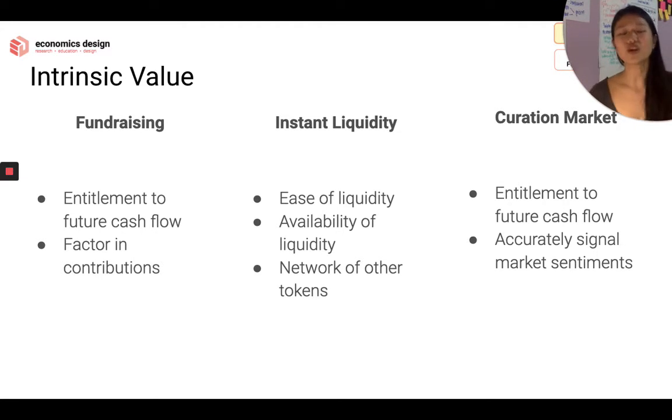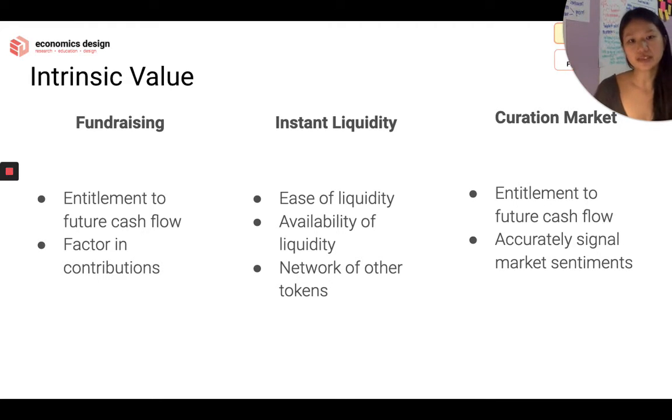Okay, it sounds very confusing. We'll talk about that later anyway. So it's basically ways to ensure your funders can get future cash flow. That's the basic premise. And then you can play around with the math based on the different objectives that you want.